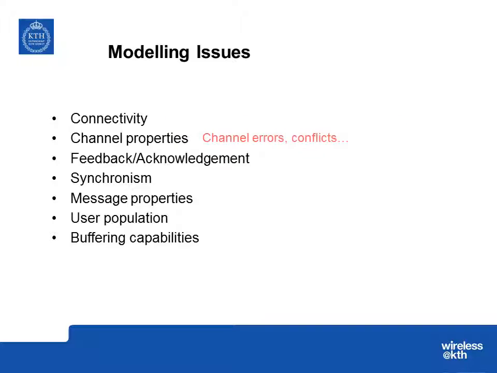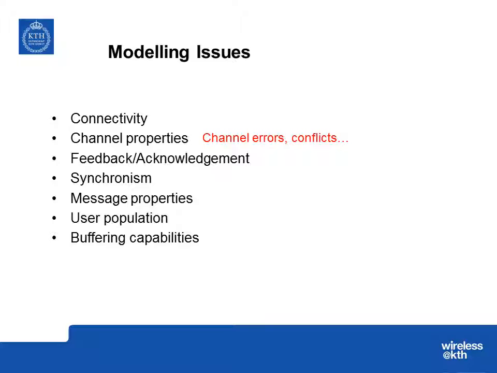The channel properties are in our model very simplistic. We will assume that if a message is transmitted, it is either successfully received or it is collided: two messages are transmitted in the same slot and they will collide and all messages will be lost.